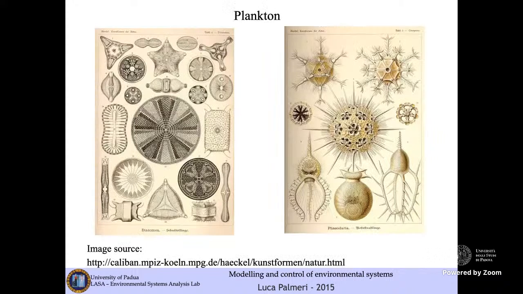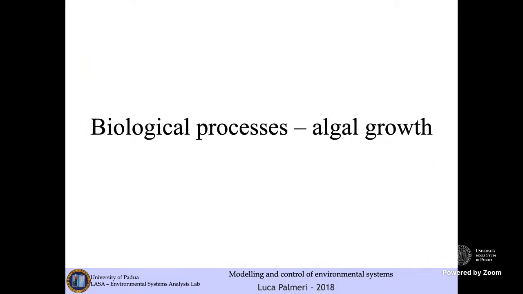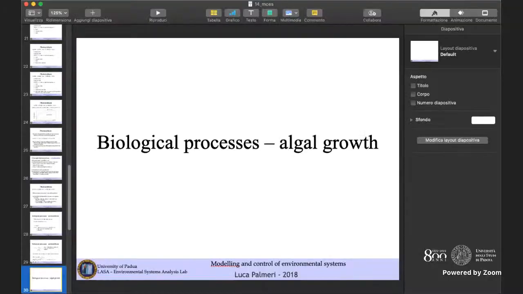Before going on to introduce the models for algal growth, we shall have a short discussion concerning different types of algae, but I think that we shall stop the lecture of today here, and we will continue next week going into more detail on how we can model primary production as a consequence of photosynthetic activity.